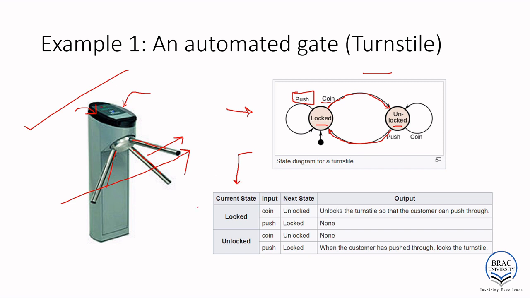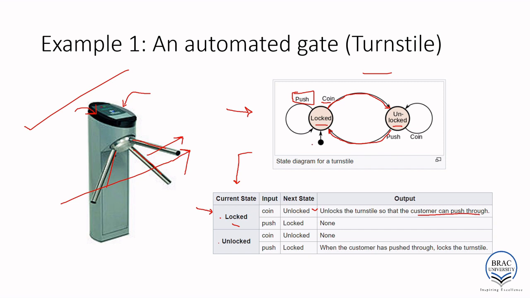Okay, so our current state could be locked or it could be unlocked. When it is in the locked state, if we input a coin, the next state will be unlocked. So it unlocks the turnstile so that another customer can push through.